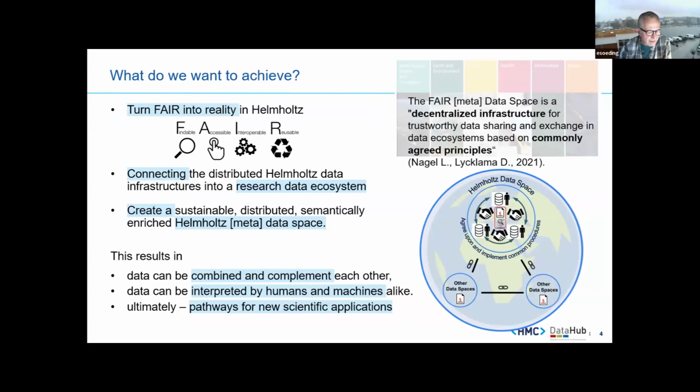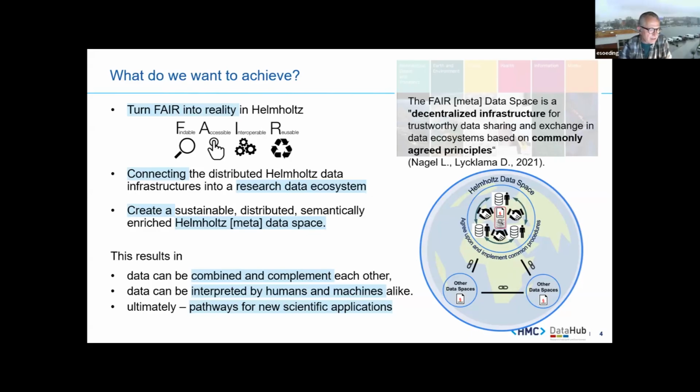What we defined as our goal is to establish what we call the FAIR metadata space. That means we want to connect all the information we have by uniform means, by harmonized structures, maybe PIDs, maybe semantics, interfaces, and so on, in order to connect all our research infrastructures into a research data ecosystem.